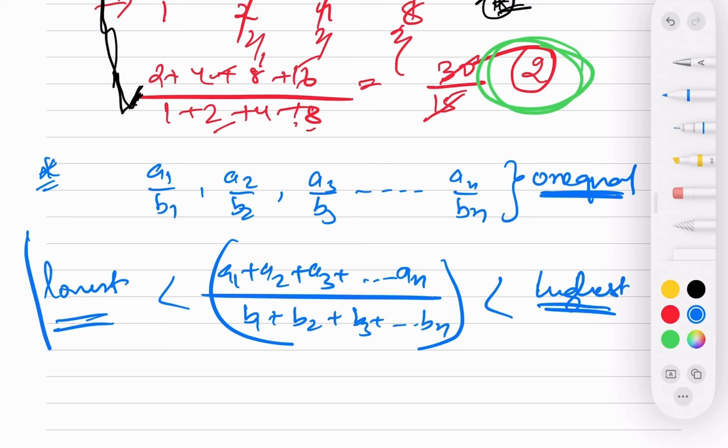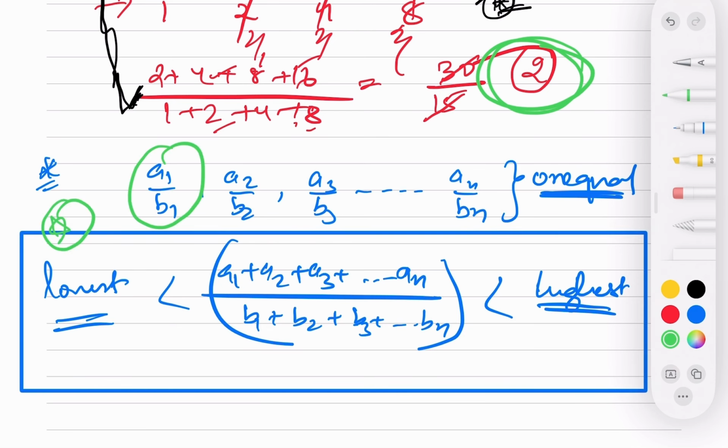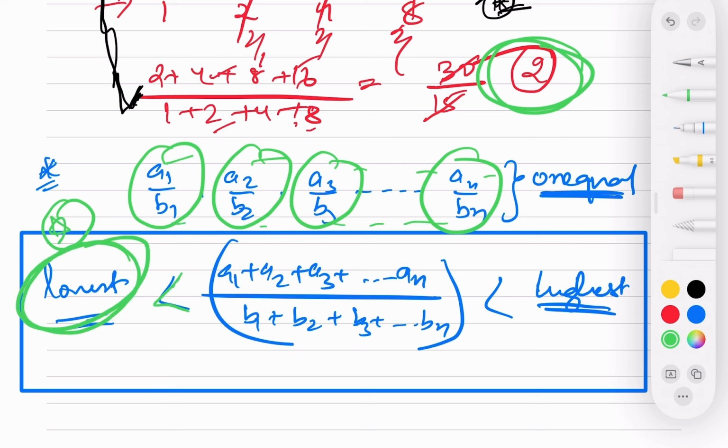This is one of the best inequality. You should remember that if you have unequal ratios, then the sum of the antecedent and sum of the consequent always lie in the lowest to the highest ratio.